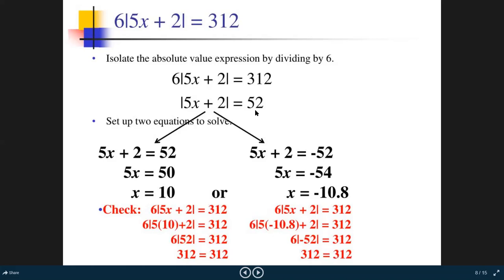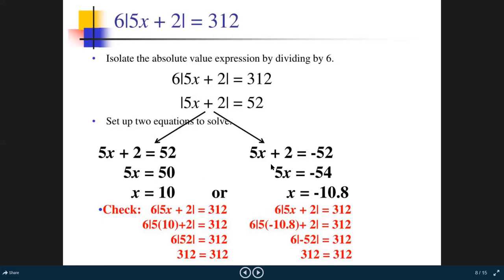Now what will be the next step? We don't know whether 5x + 2 is a positive number or a negative number. So we try to solve. First, if 5x + 2 is equal to positive 52, what will be the answer of x? 2 goes to the right side: 52 minus 2 is 50, so 5x = 50 and x is equal to 10.